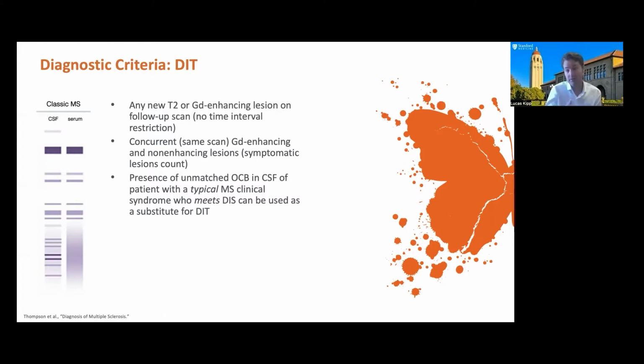So what our most recent diagnostic criteria have allowed for is using spinal fluid and the presence of what are called oligoclonal bands as a substitute for dissemination in time. Oligoclonal bands just mean that we see these bands of protein in the CSF that we don't see in the serum.